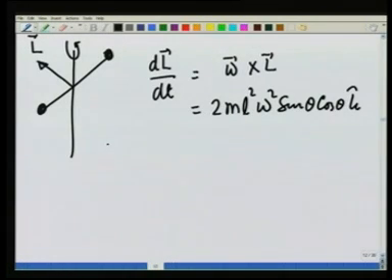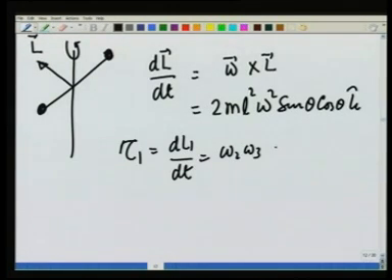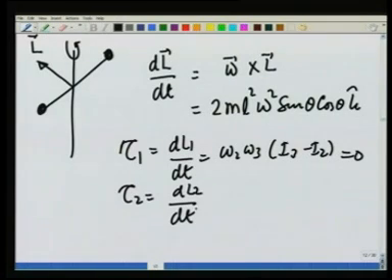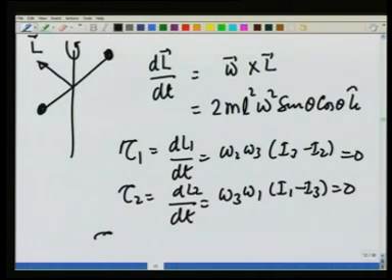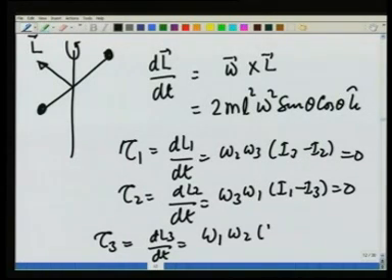On the other hand, if I calculate it using tau 1, which is dL1/dt, purely due to rotation, it is going to be omega 2 omega 3 (I3 minus I2), which comes out to be 0. Tau 2, which is dL2/dt, equal to omega 3 omega 1 (I1 minus I3), will also come out to be 0. Tau 3, which is dL3/dt, is equal to omega 1 omega 2 (I2 minus I1), will come out to be this.